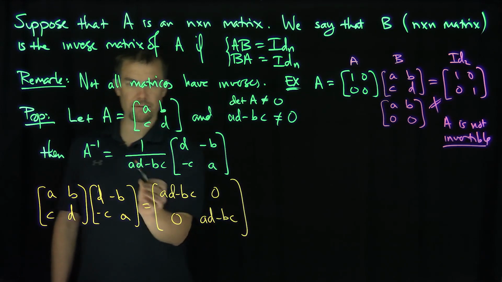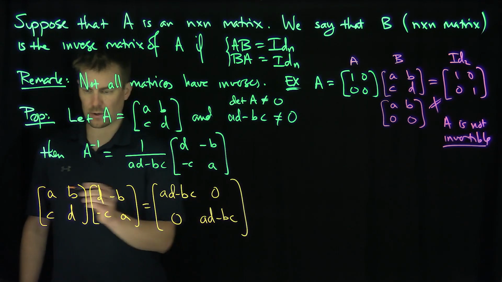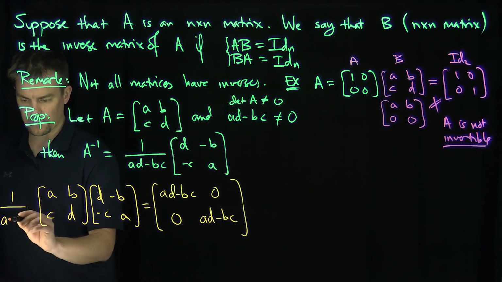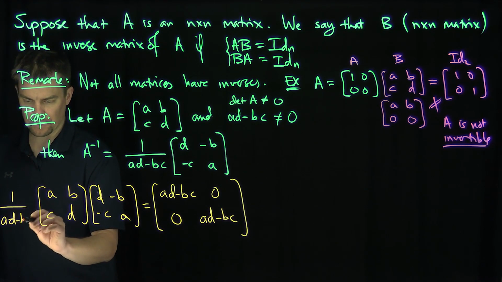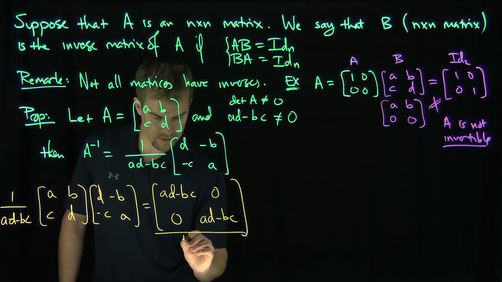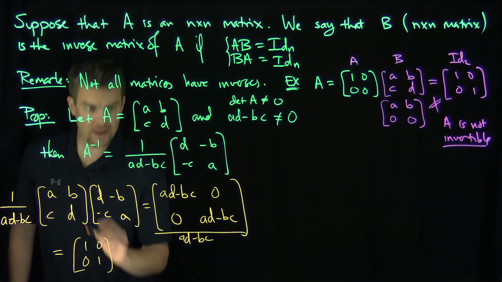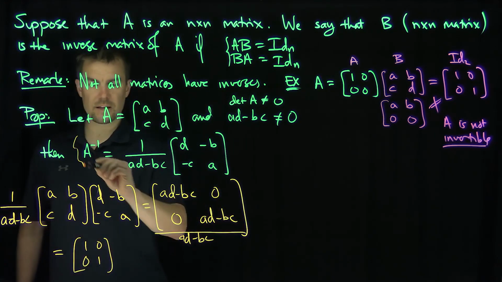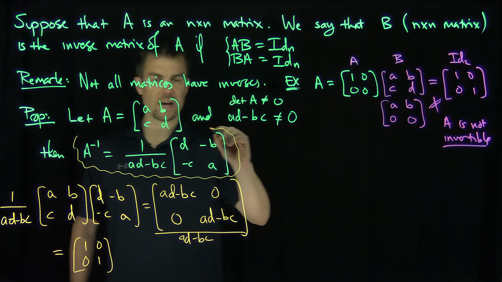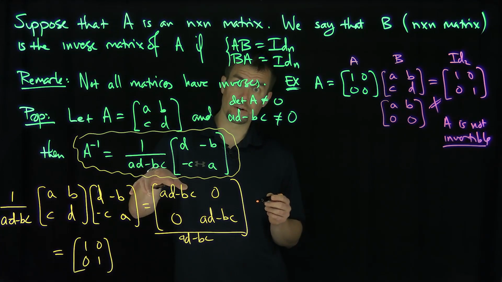So if I multiply by 1 over ad minus bc, that would just turn into 1, 0, 0, 1. We've just verified that this is the inverse of a 2 by 2 matrix under the assumption that ad minus bc is not equal to 0.